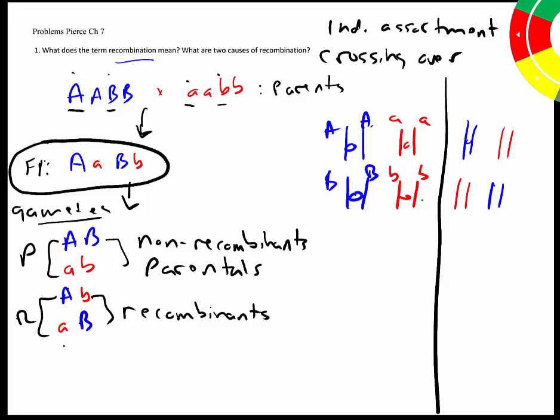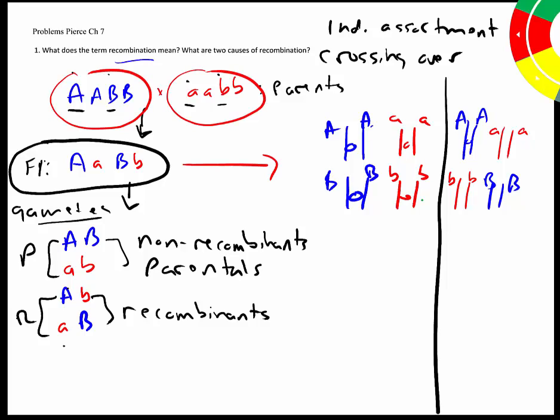So we could have big A, and then we'll put big B over here, and little a, and little b. So this is what's going on in this guy. And so the blue chromosomes came from this parent, and the red chromosomes came from this parent. So maternal and paternal chromosomes.